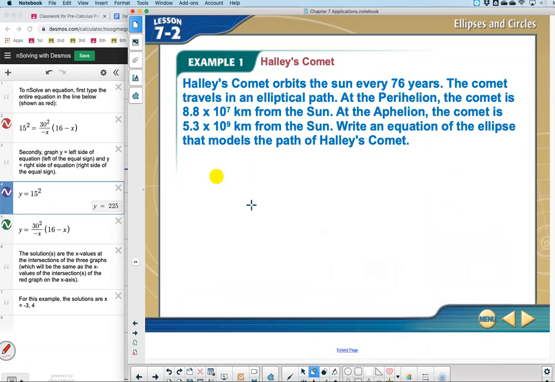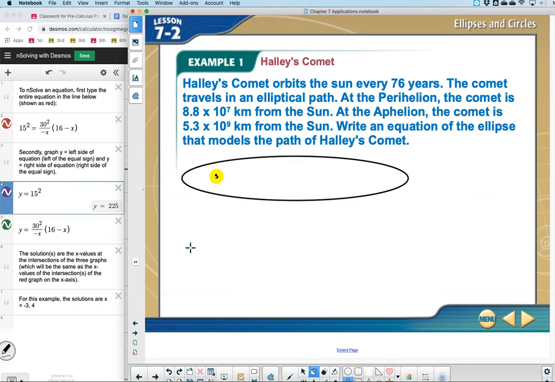Well, that's because the orbit is so large and it's stretched out so far that it happens to occur only once every 76 years. So I'm just going to draw something like that to give you an idea. It's an extremely stretched out elliptical orbit where the focus will be laid out somewhere to one side.